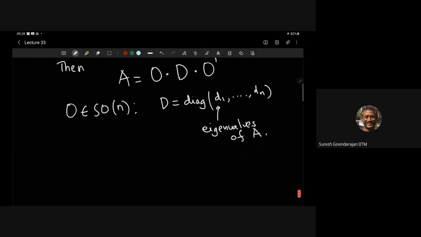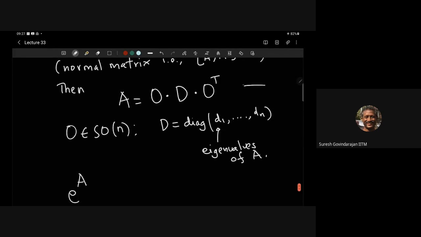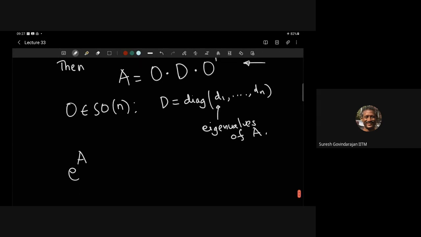Now let us do the following thing. You know this theorem; we discussed it several times in this course. This O is nothing but the matrix of eigenvectors, and there will be as many eigenvectors as eigenvalues.